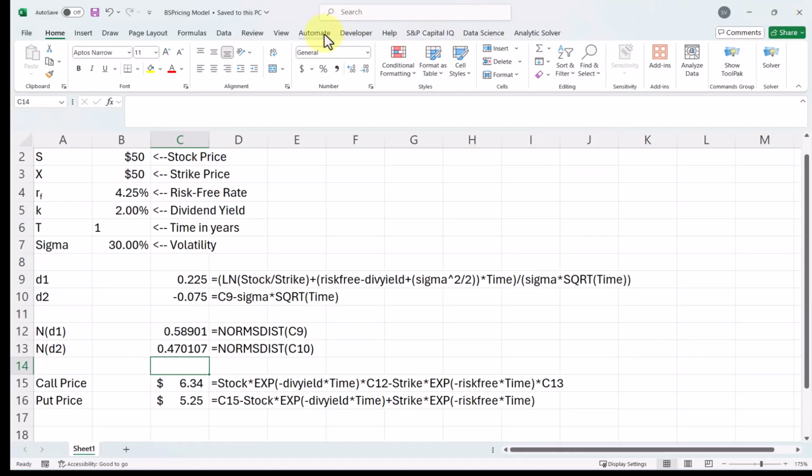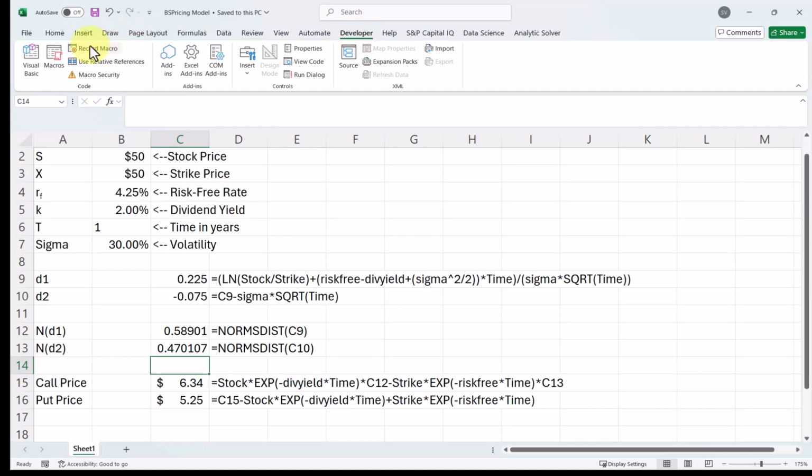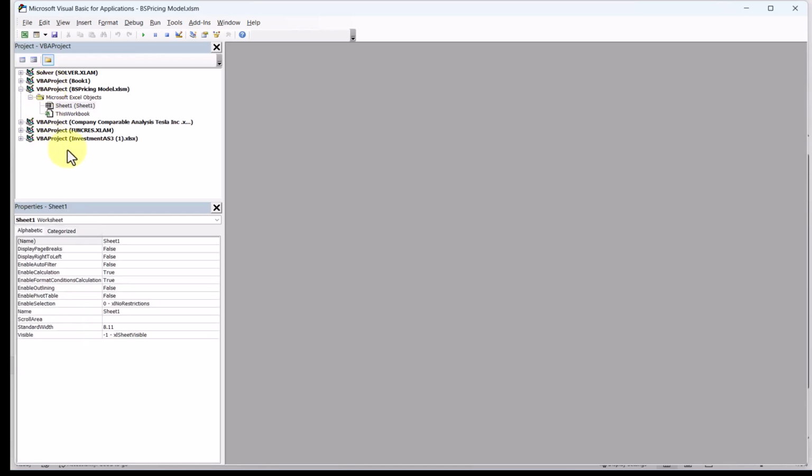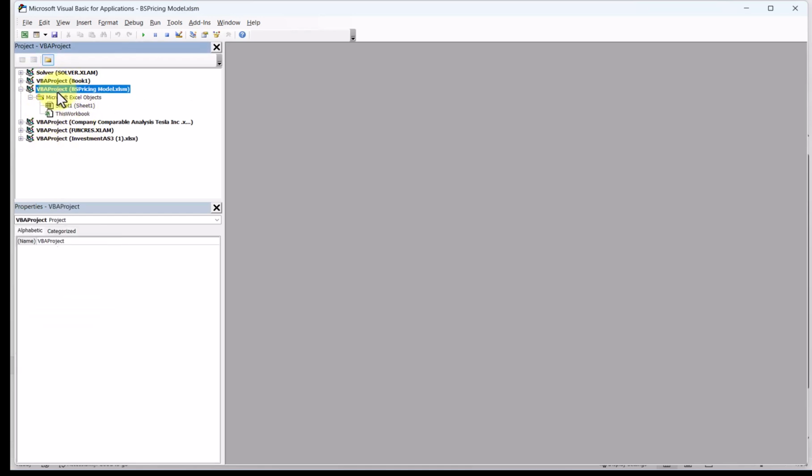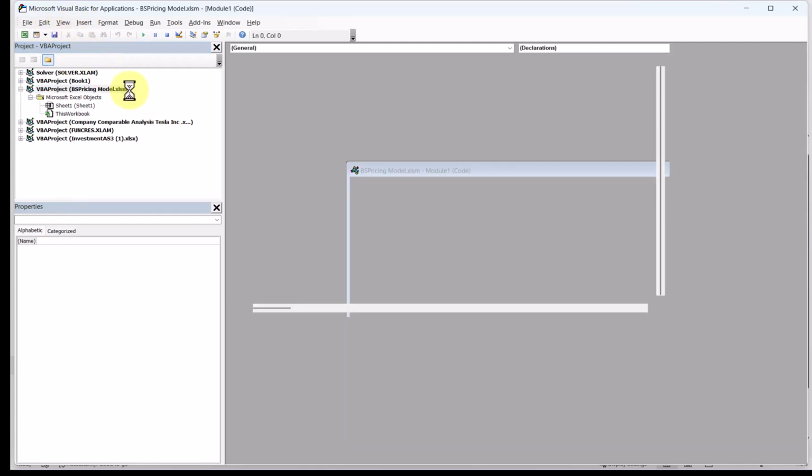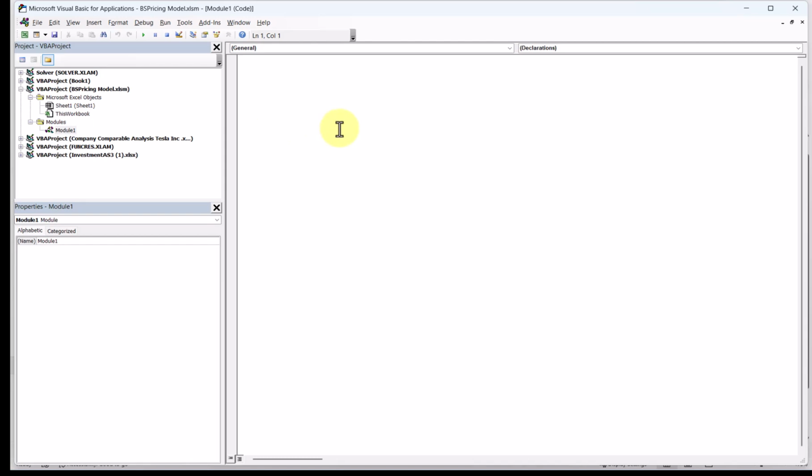And then I'm going to go out here to Developer and open up Visual Basic. And in my workbook that I created, I'm going to insert a module. And I'm going to create a few different functions here.